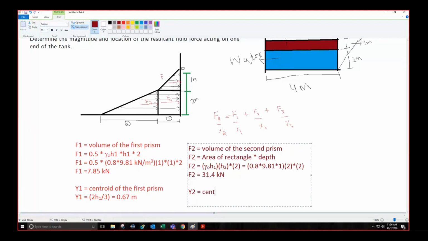the centroid of the second prism. Basically, the second prism is a rectangle, and the centroid would be equal to H2 by 2. ऐसा ही है.